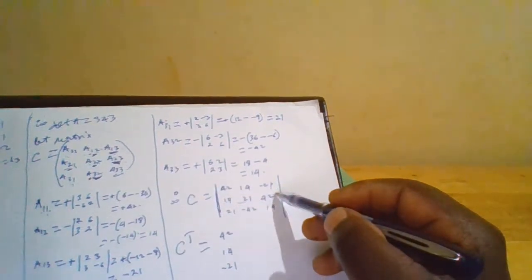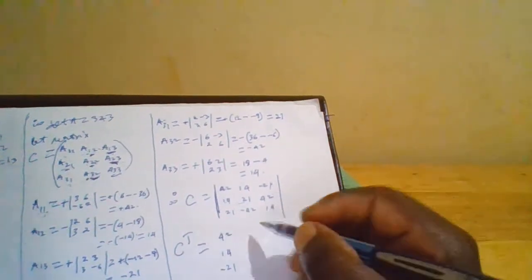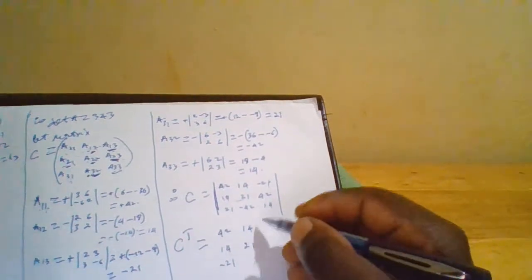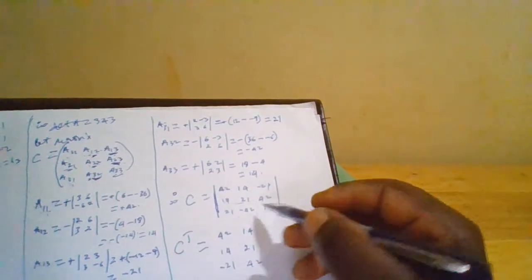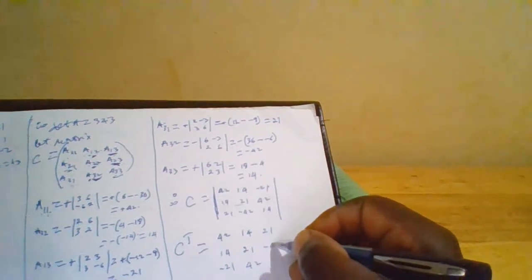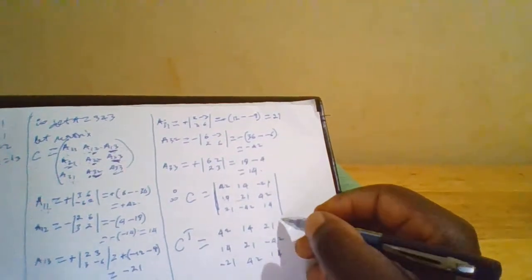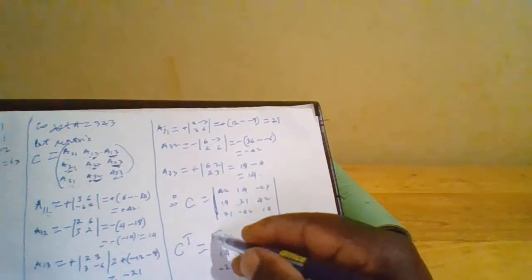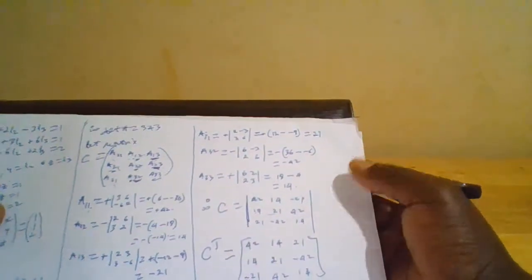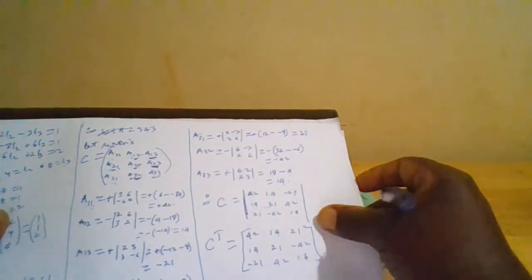This row becomes a column, it would be 14, 21, 42. Then this one will be 21, negative 42, then 14. So transposing a matrix is simply interchanging rows and columns.